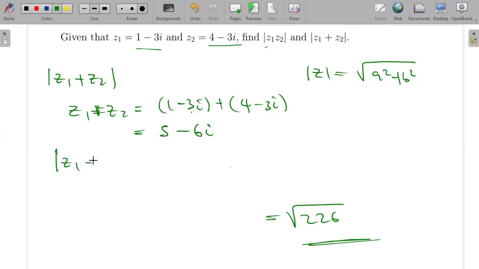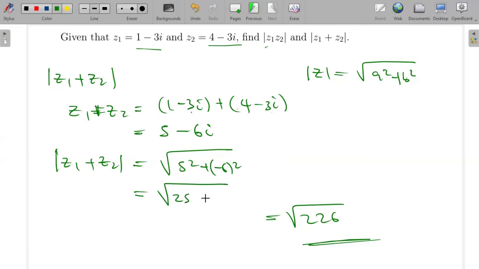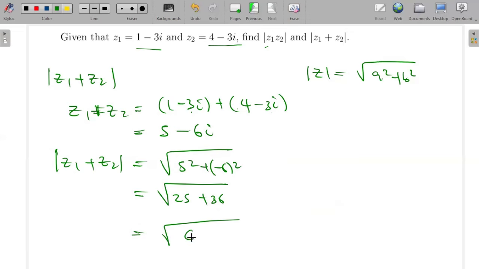So you get now the magnitude of that. That z1 plus z2 is just going to be the square root of 5 squared, then plus negative 6 squared. So this here is just going to give us the square root of 25 plus 36. So what do we get? We add those two here. We have 25 plus 36 gives me 61.